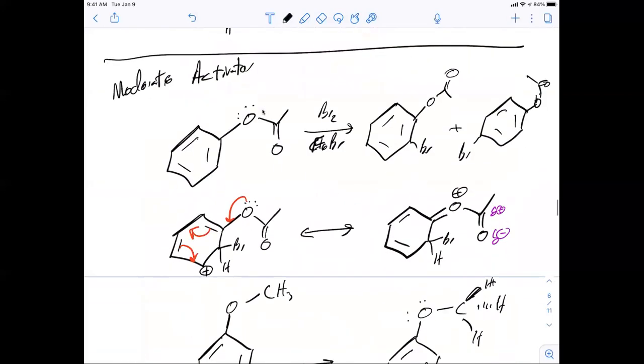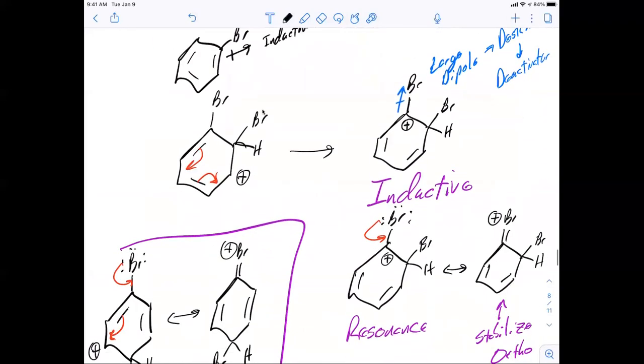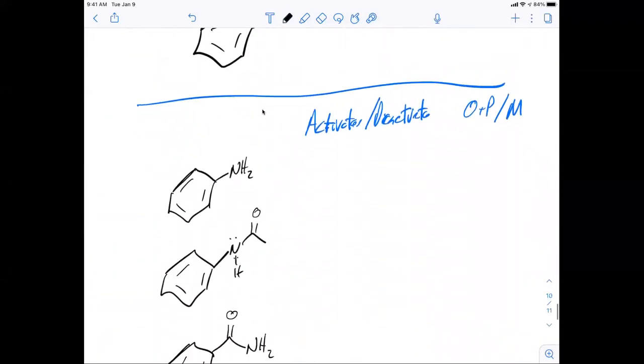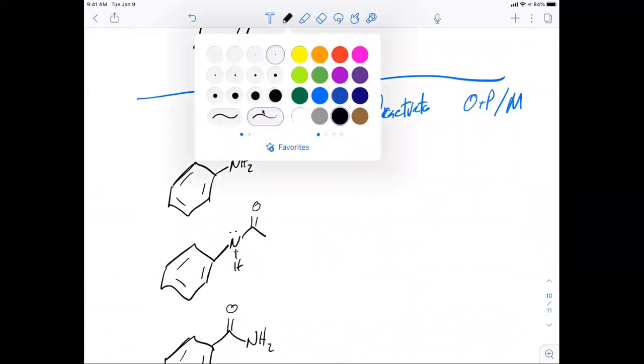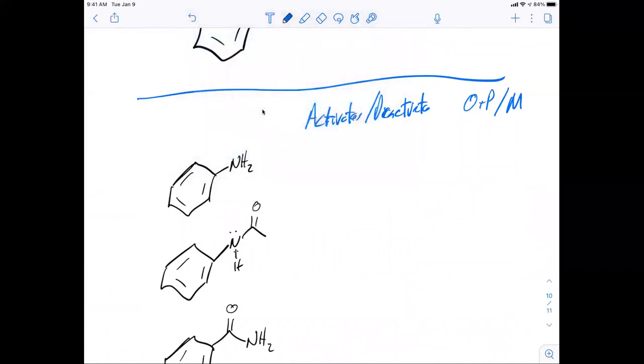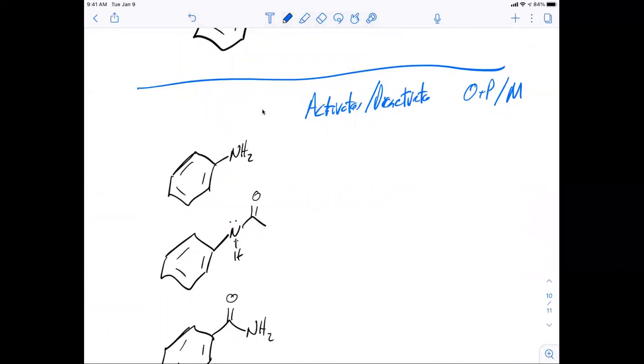Okay, let's go look. So how I would answer these, right, is, okay, first one, does it have a lone pair right outside the ring? Well, yes, it does. If it has a lone pair right outside the ring, what is it as far as directing effect? Ortho para, right?